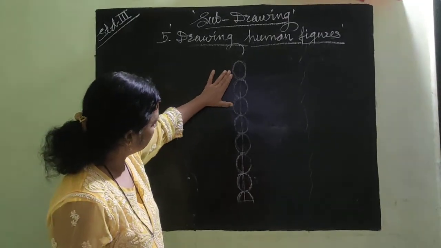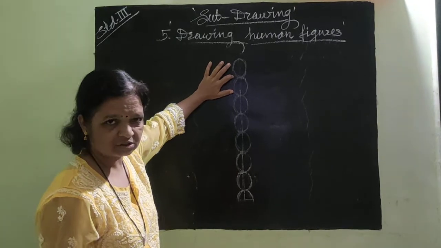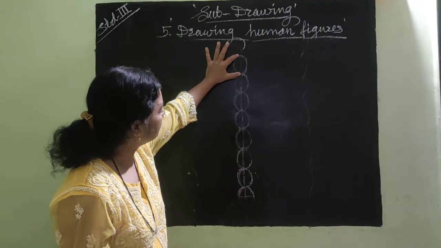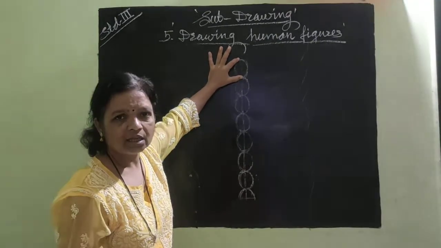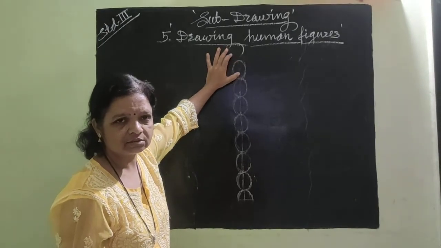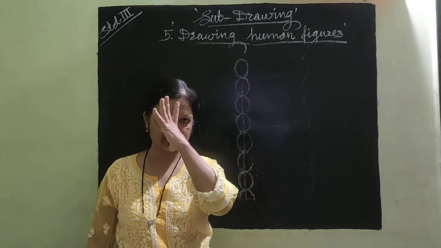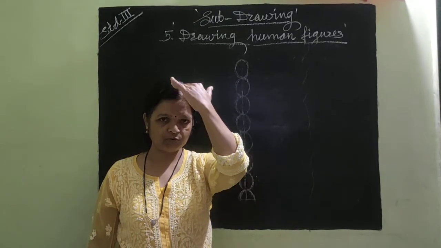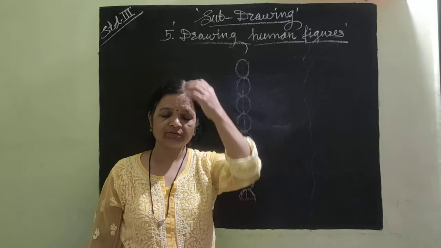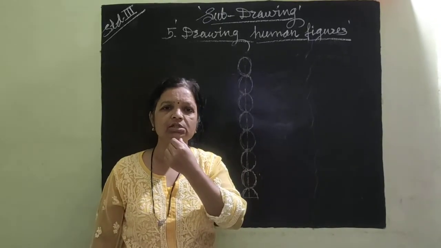So what is this? This first length is considered as the length of one head. So look at me like this. This face portion from top up to the chin, from head up to the chin.